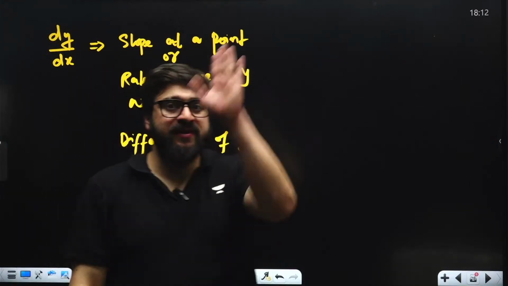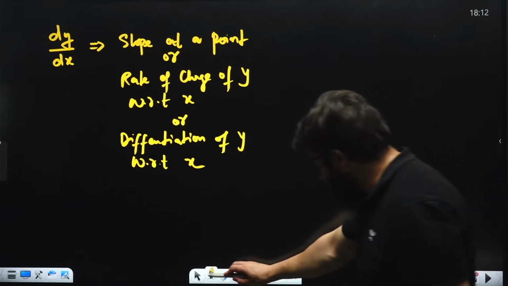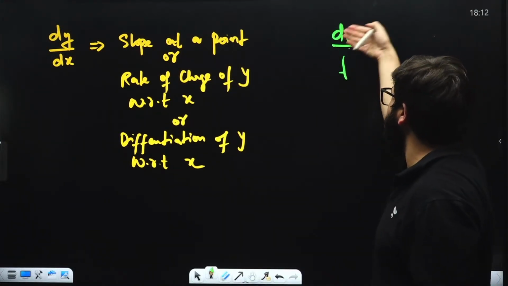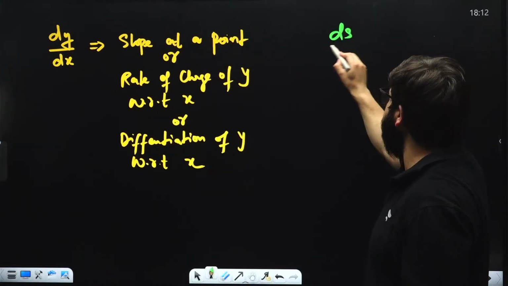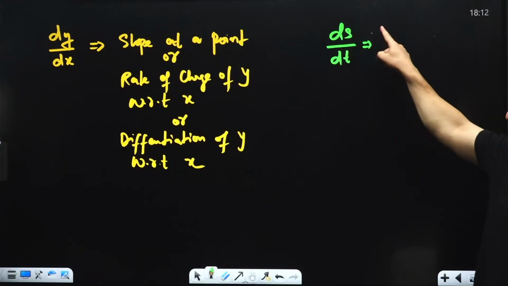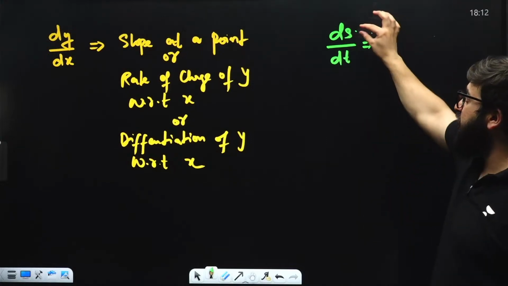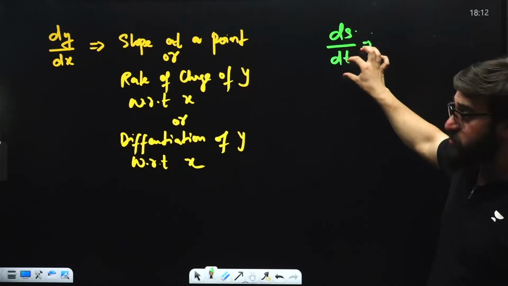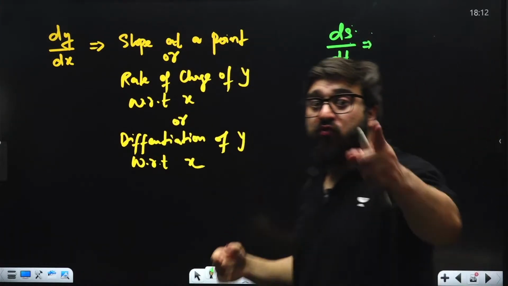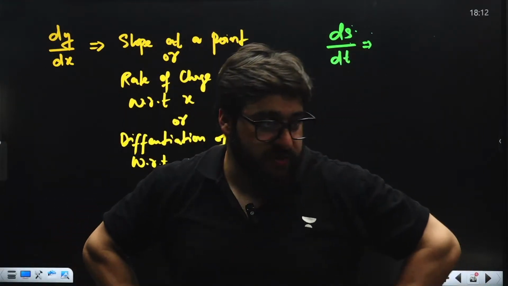It is one and the same thing. Similarly, if I say ds by dt, either you say this is the slope at a point in case of an S-T graph, or this is the rate of change of displacement with respect to time, or this is the differentiation of S with respect to time. It is one and the same thing.